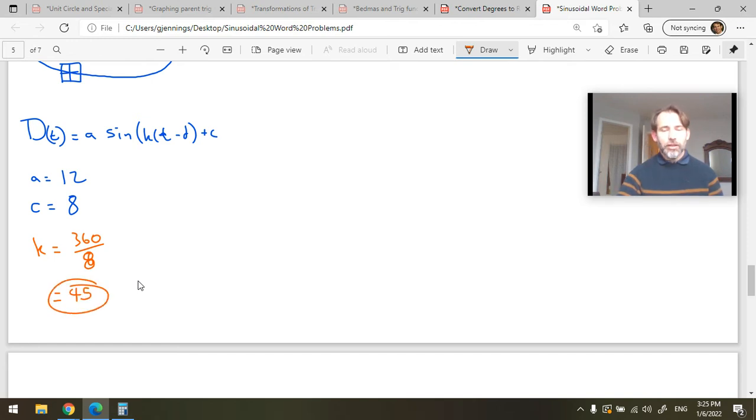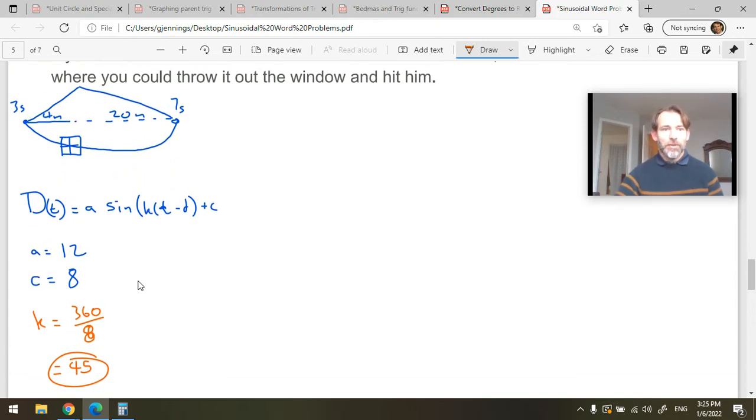Okay, and now we need to figure out the phase shift. That's always the trickiest part. So what I'm going to do is solve. I'm going to use this point here to solve, 3 seconds. Did I write that down correctly? Yes, I did write it down correctly here. I think I got the 4 over there in the wrong spot last time.